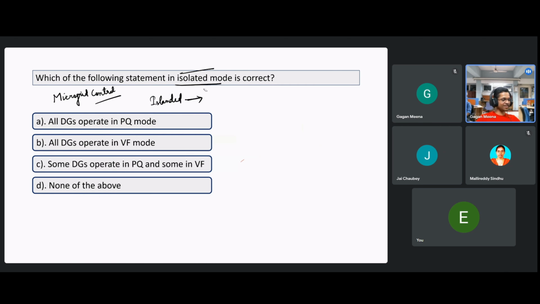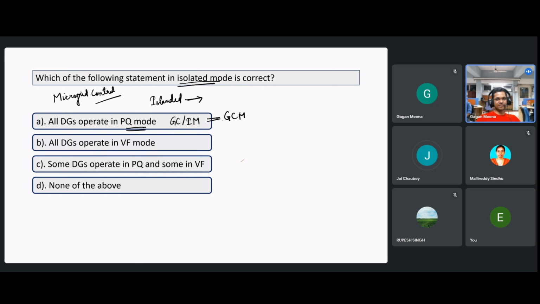In grid connected mode or islanded mode? Grid connected mode, PQ mode. Yes, grid connected mode. But here we are talking about islanded mode. So this is true: all DGs operate in PQ mode. This is true for the grid connected mode. But what will happen in islanded mode?